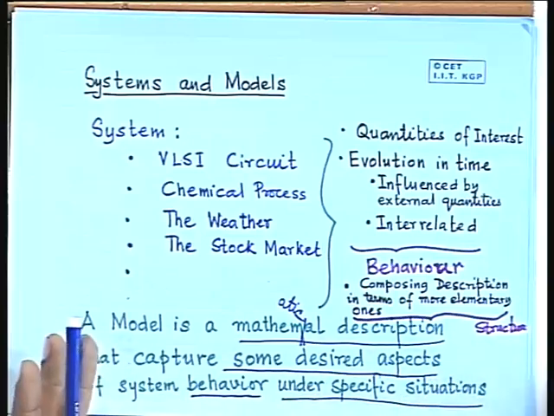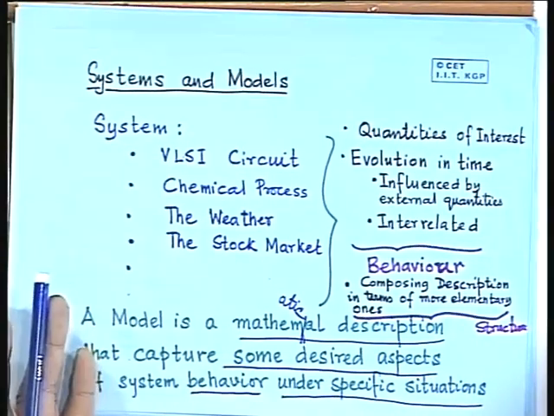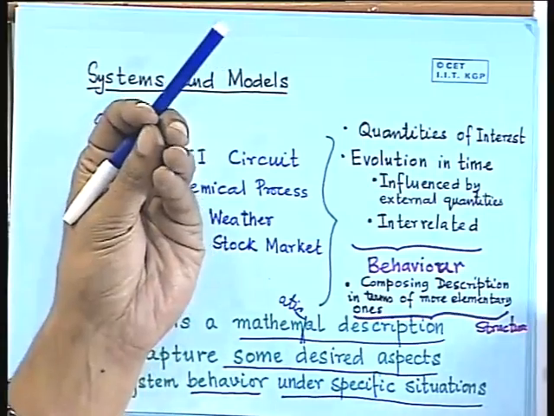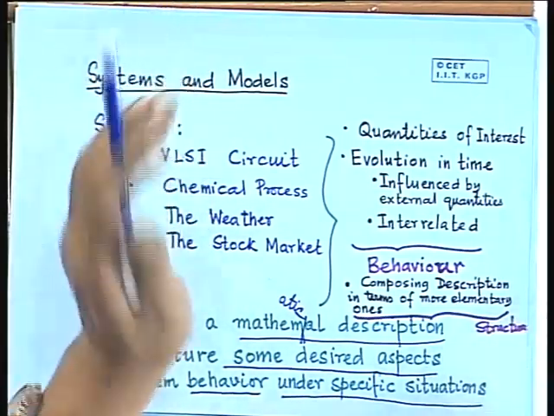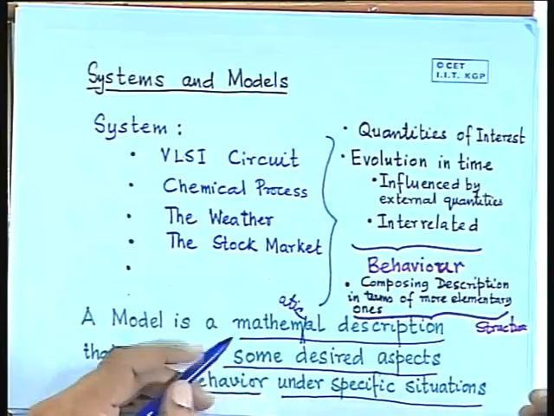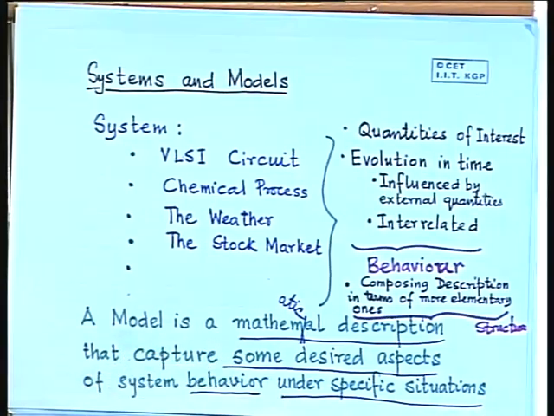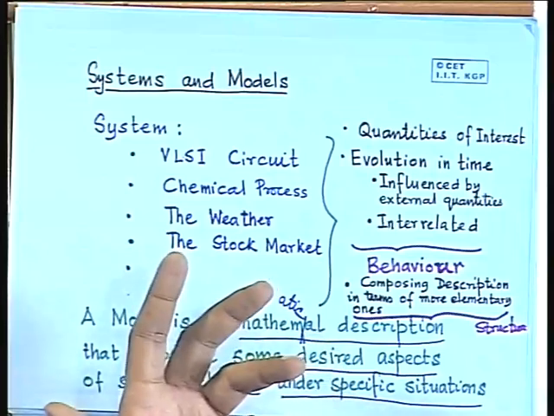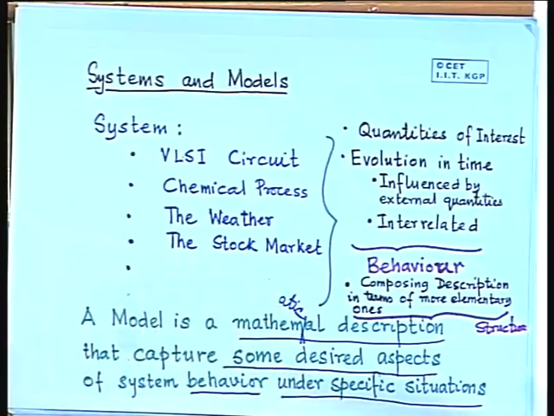Because in general, the thumb rule in engineering is to keep things as small as you can, serving your purpose. So you may not be interested in constructing a grand mathematical model which describes the system under all situations. You may be concerned with very special kinds of situations, so you build a simple model for that. For example, when we first learned circuits, in many cases we are not concerned with the power loss, so we simply model them as ideal elements.